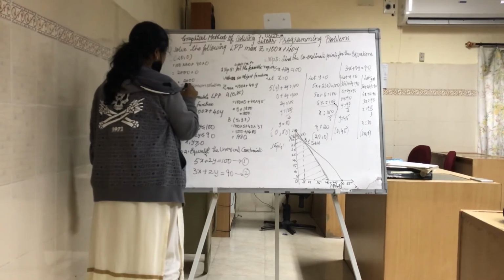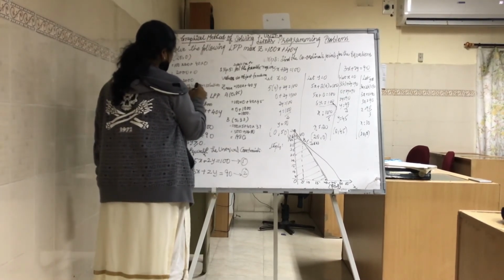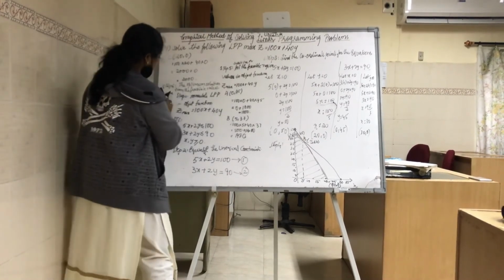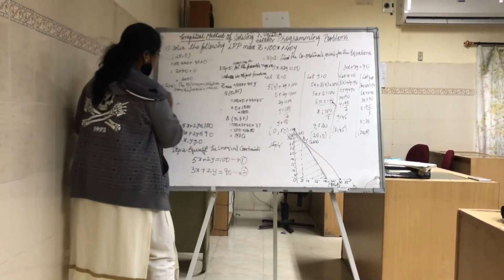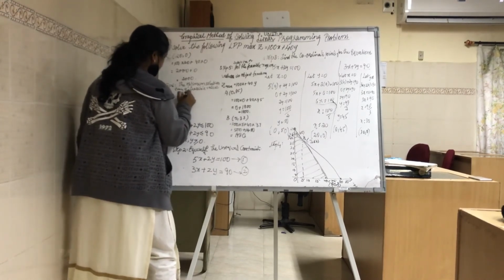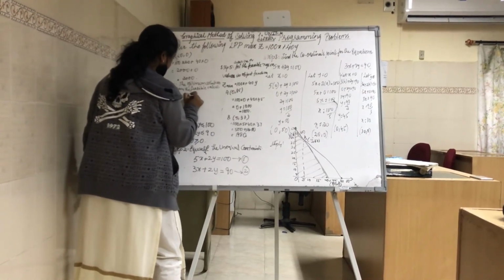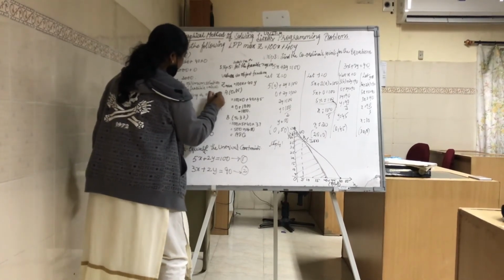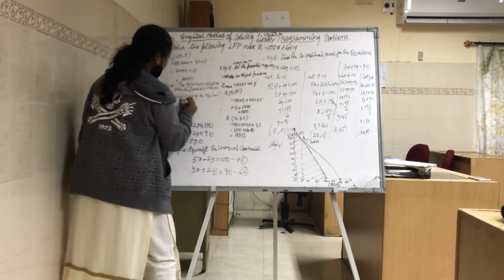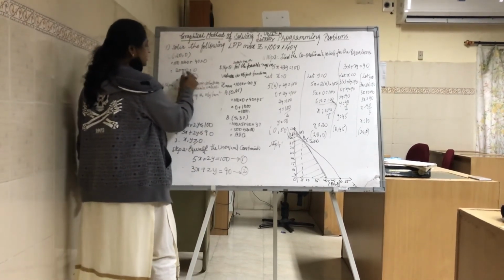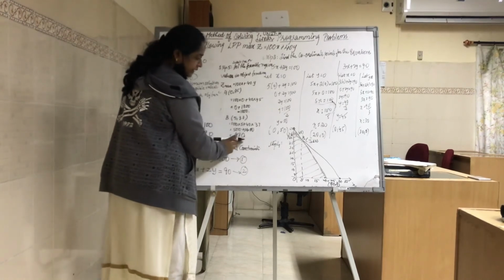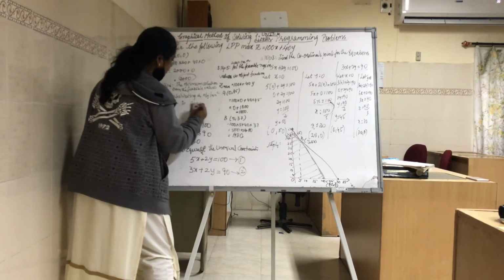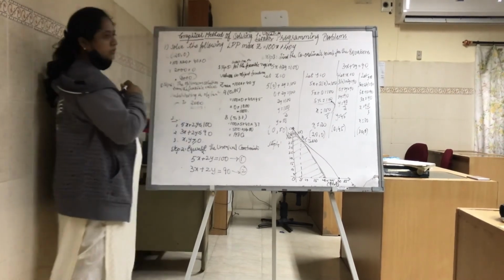From the feasible values substituted in the objective function, the maximum value is here 2000. See here it is 1800, 1980 and 2000. So here 2000 is your optimum solution.